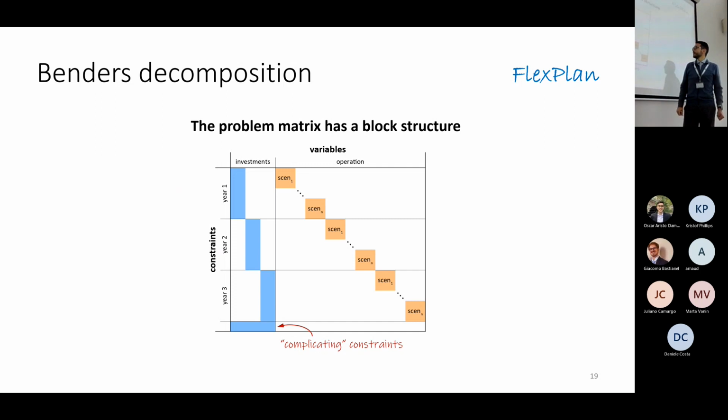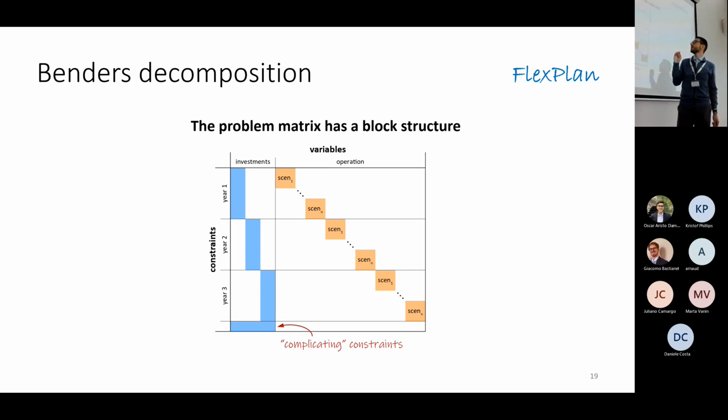So if we could remove these complicating constraints between integer variables, then the problem would be easily subdivided into different subproblems, one for each year, for instance, but more than that, because scenarios are independent from the other ones.